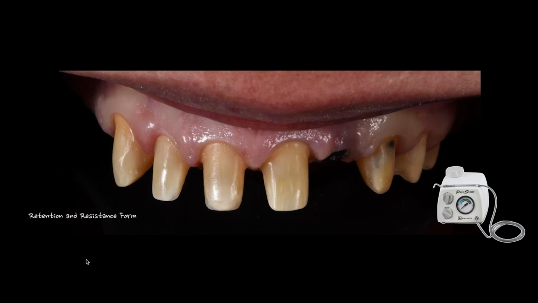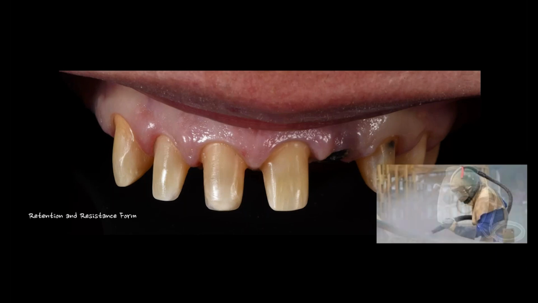So microabrasion, a fancy word for sandblasting, we're roughening the surfaces of these teeth, and I want the microabrasion to be somewhat aggressive in the sense that the more abrasion you place on the tooth, the more you break the surface tension of the tooth, and the more you break the surface tension, the harder it is for moisture to stay on the tooth. And let's be clear, if you're still in old school impression materials, which I like for certain cases, most of them are hydrophobic, meaning they don't like water.